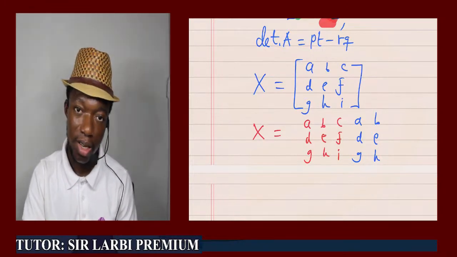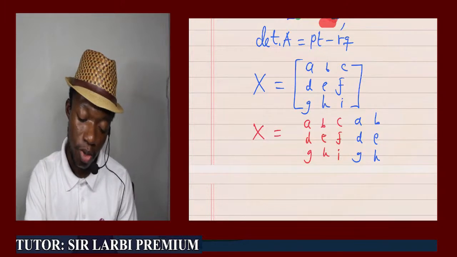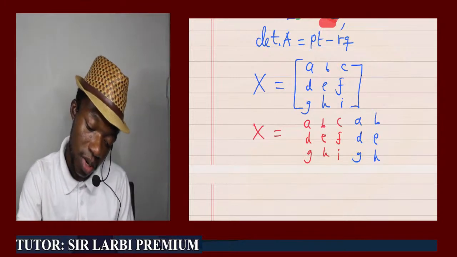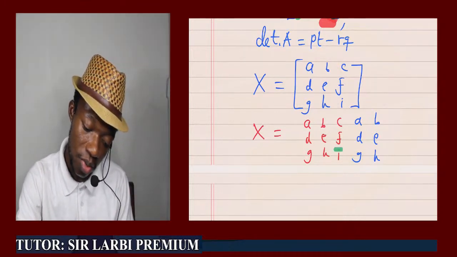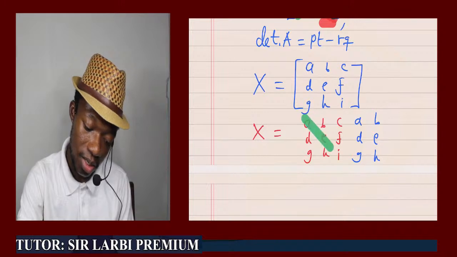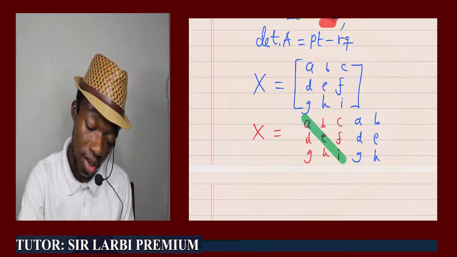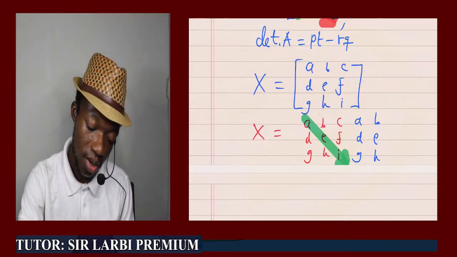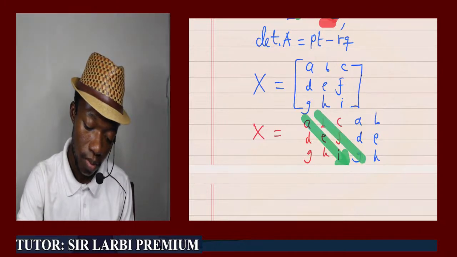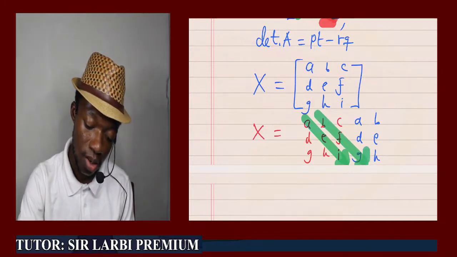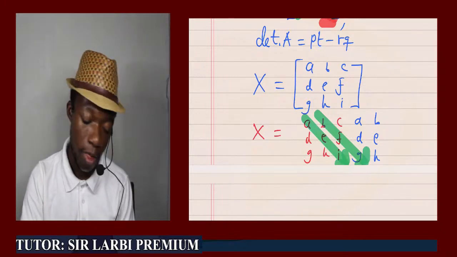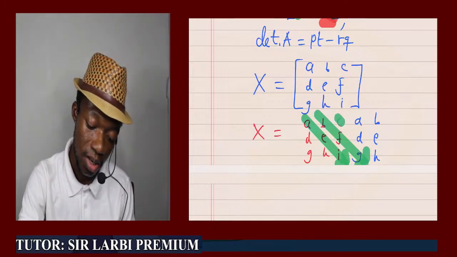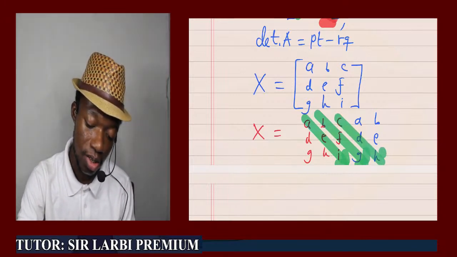So we can clearly see that we may have from A up to I. We can take our first diagonal, and then the second one, which is B, F, and G, and the third one, starting from C, D, and H.